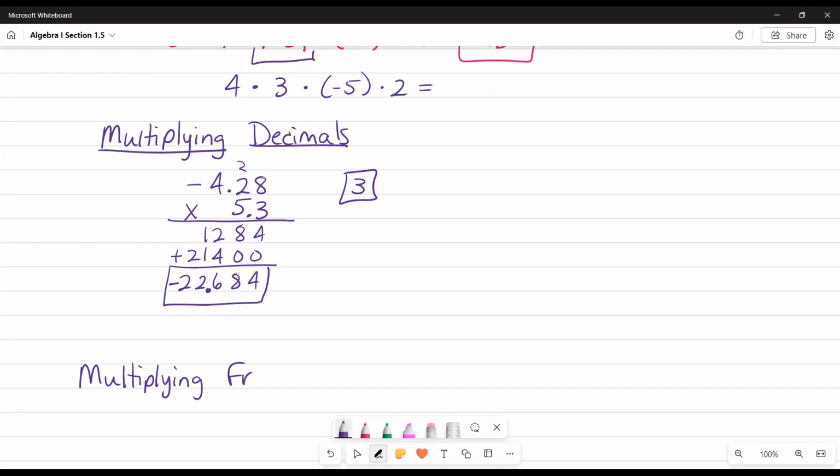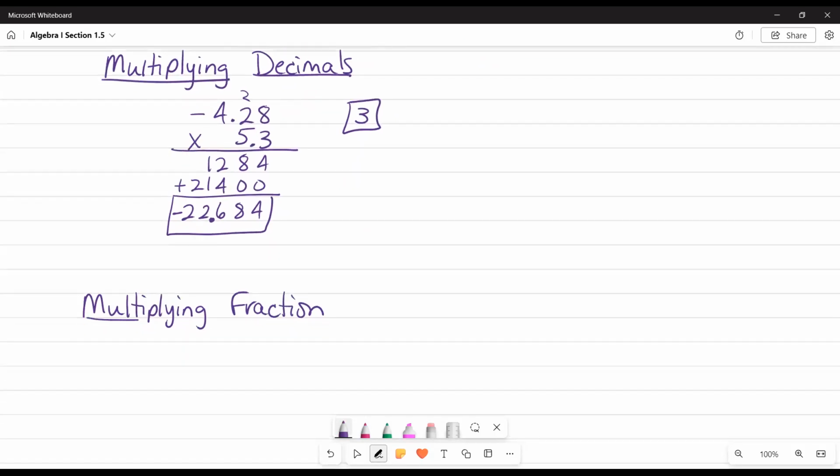I forgot to bring our negative down, because remember the 4.228 was negative. I just added it to my product, my answer.